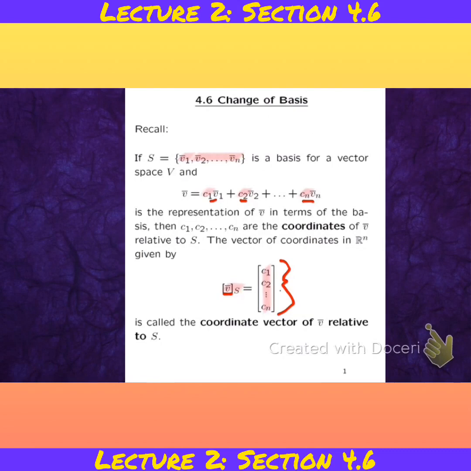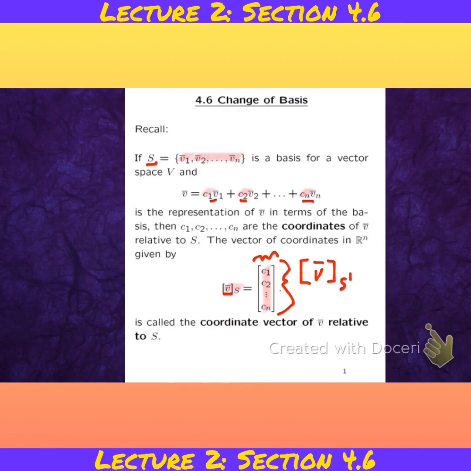Given that, what's the application? Suppose you're given two bases, let's call them S and S prime. Suppose I've already obtained this coordinate vector, and I want to find the coordinate vector with respect to my new basis, S prime.